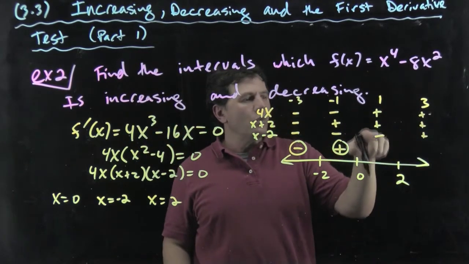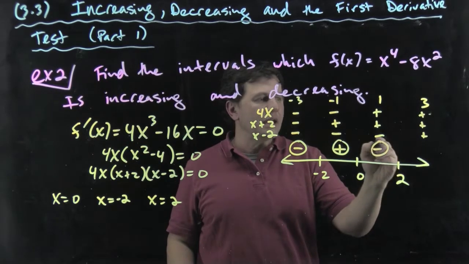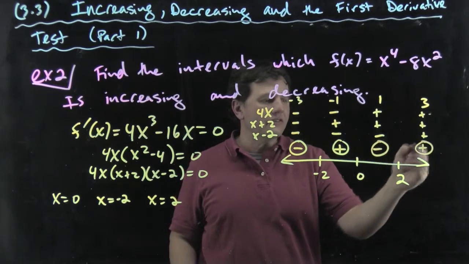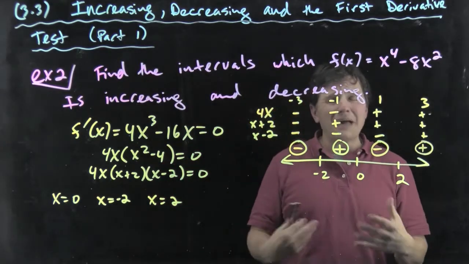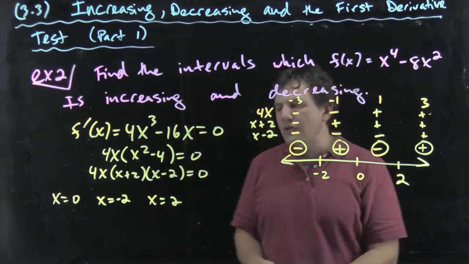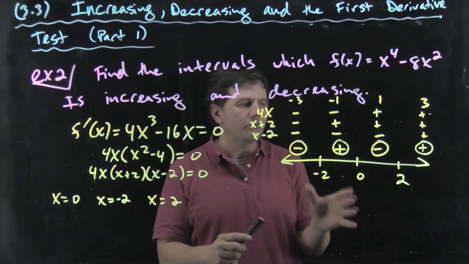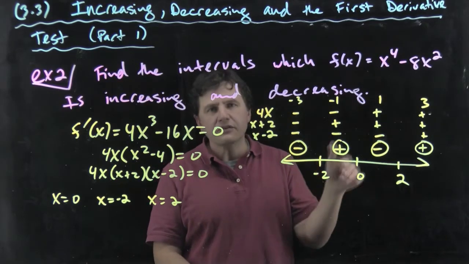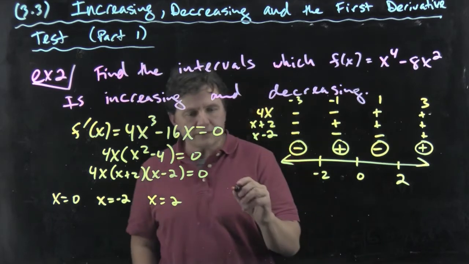So this one, we have an odd amount of negatives, so this is going to be a negative result, and this is going to be a positive result. Now this alternating pattern we see is a common pattern, but it doesn't always happen, so don't assume that you're always going to see that, because there are some things that will make it go positive to positive or negative to negative.